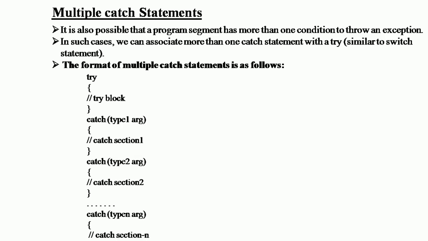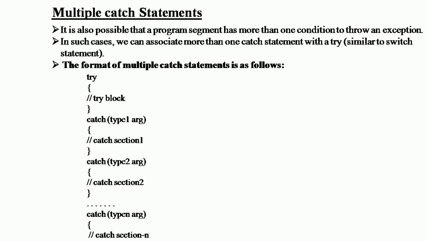It is also possible that a program segment has more than one condition to throw an exception. In such cases, you can associate more than one catch statement with a try, similar to a switch statement.